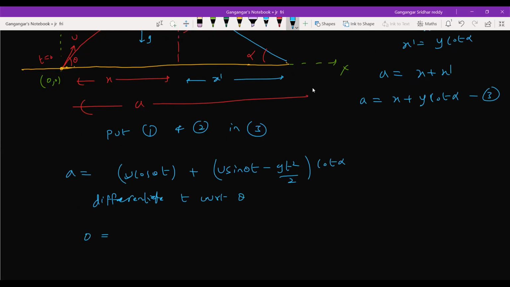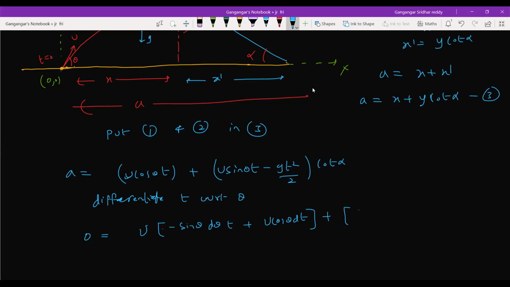Okay, fine. So I'll proceed like this now. Differentiation of cos theta gives minus sine theta d theta t, plus u cos theta dt.